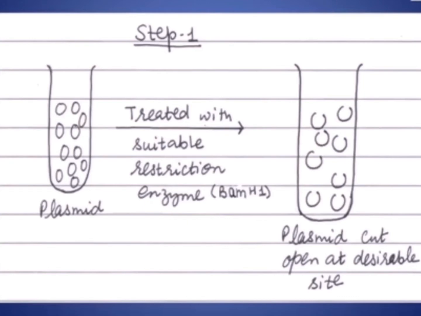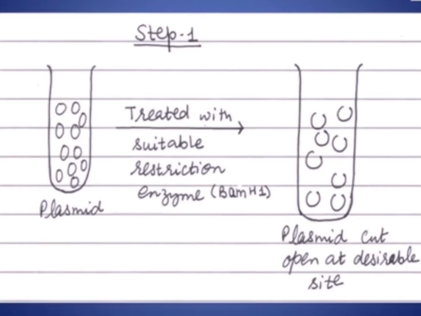Now what is a transformed plasmid? That plasmid will have alien DNA or the gene of interest, and non-transformant means the actual plasmid without any foreign DNA. Okay, now you can see step 1 has two test tubes. The first test tube has the plasmids. Now these plasmids are treated with the restriction enzyme BAMH1.